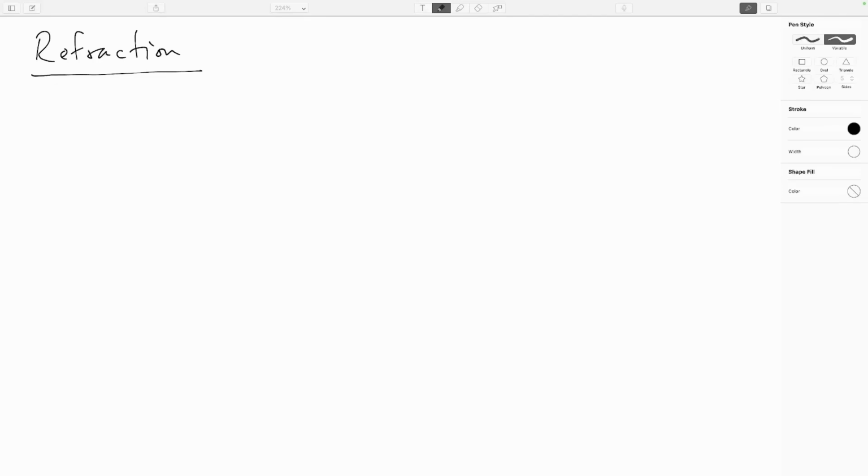To introduce our ray treatment of refraction, I'd like to first introduce the idea by reminding you of something I said when we were looking at thin film interference.